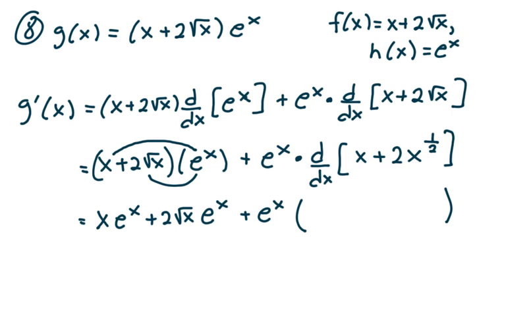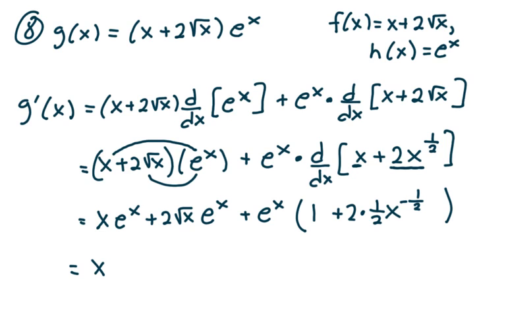Now, the derivative of x is 1. Now, I'm going to apply the power rule on 2x to the 1/2. And remember, 2 is constant. And so what I'm really doing is I'm just taking the derivative of x to the 1/2, and 2 is going along for the ride. So in other words, I'm going to write 2 times 1/2 x to the negative 1/2, just like this.